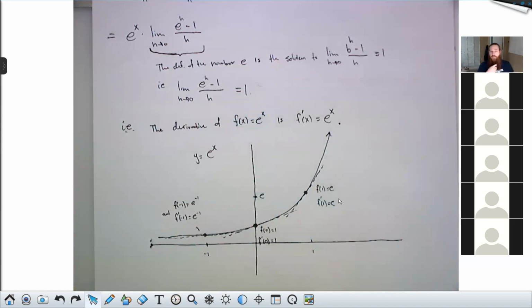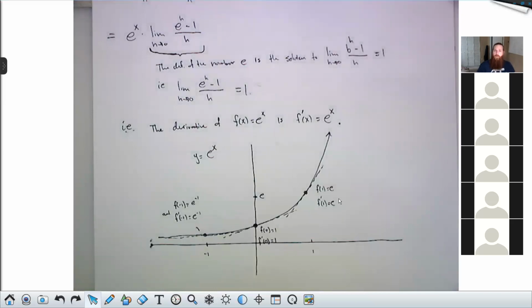This is a really nice feature for a function to have, especially if you're trying to do what are called differential equations, solve equations that are given in terms of the derivative of a function. And since physics is all written in differential equations, the nature of the physical world is that forces act on each other and forces are derivatives.